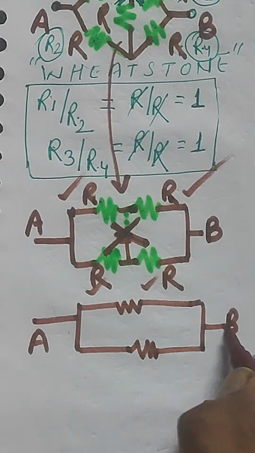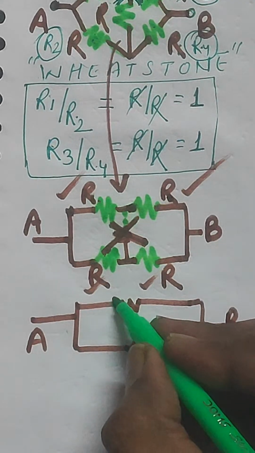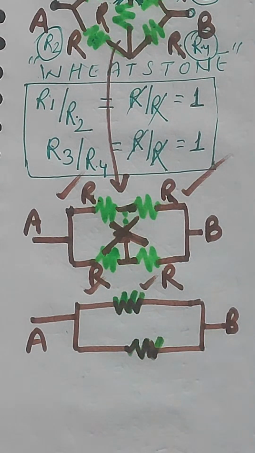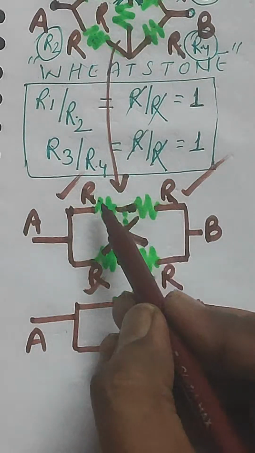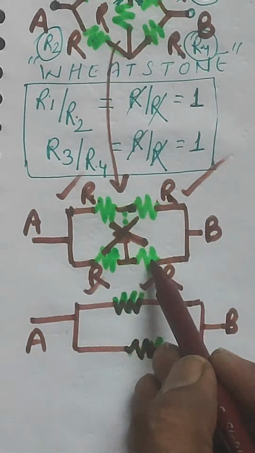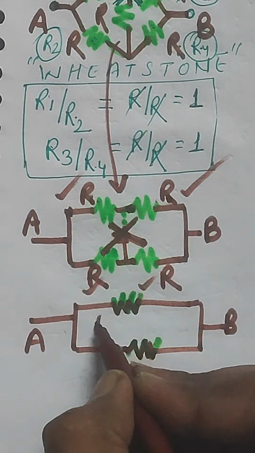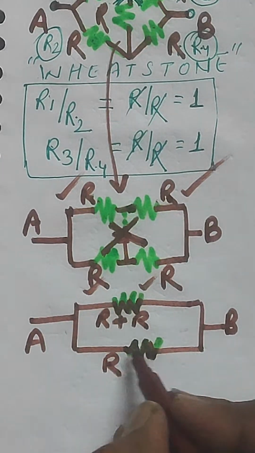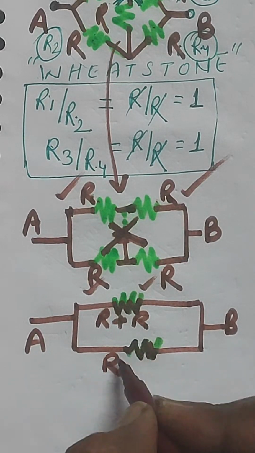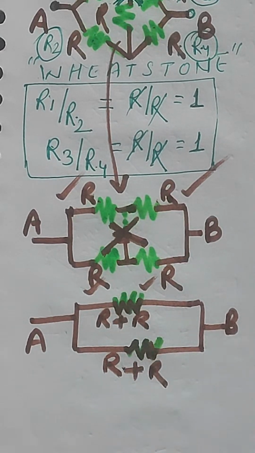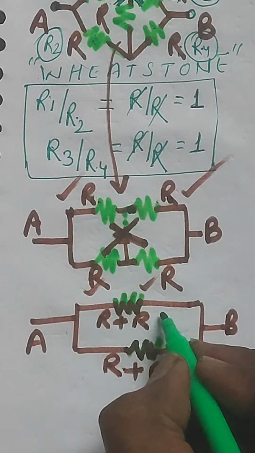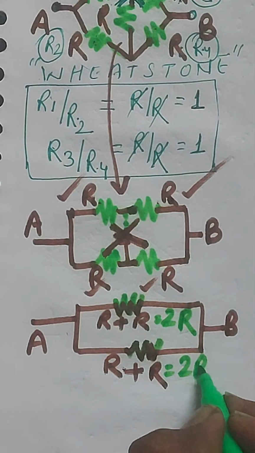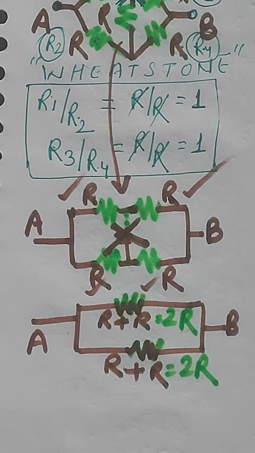This R and this one are both connected in series, so here it will be R plus R, and in the parallel line also it's R plus R. So both of these come out equal to 2R and 2R, right?